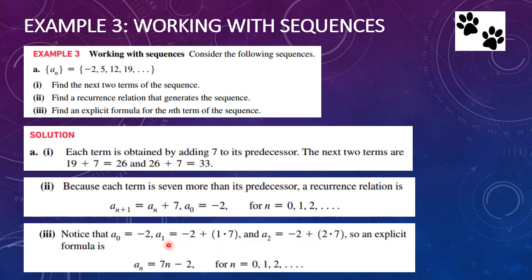When n is 1, we have 1 times 7. When n is 2, we have 2 times 7. So notice that the n is matching up. So we actually have negative 2 plus n times 7, which simplifies to 7n minus 2. And of course, when n is 0, 7 times 0 is 0, minus 2, which gives us the first member.